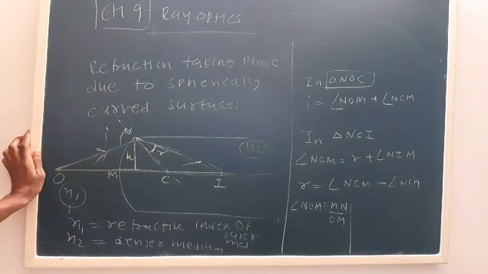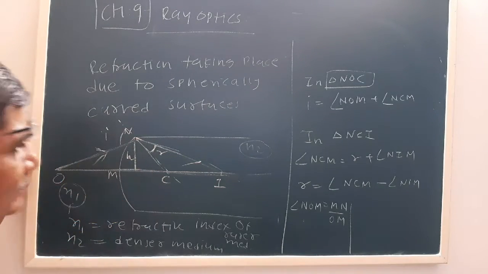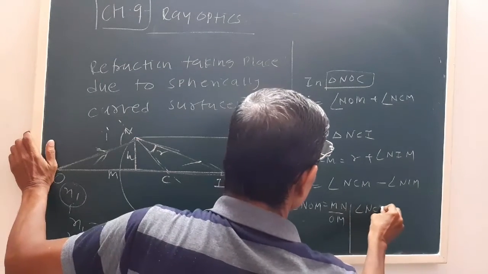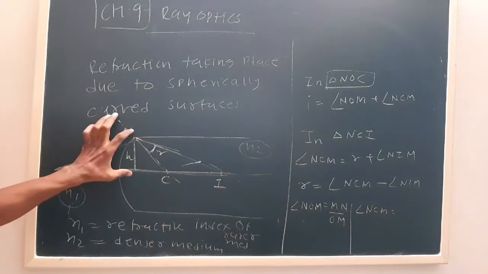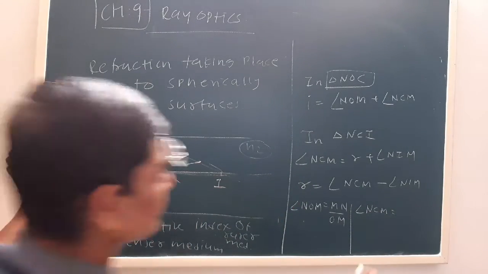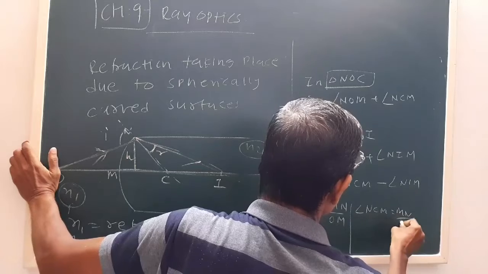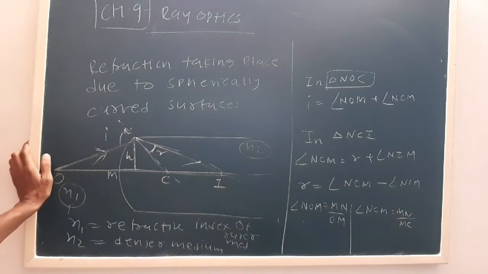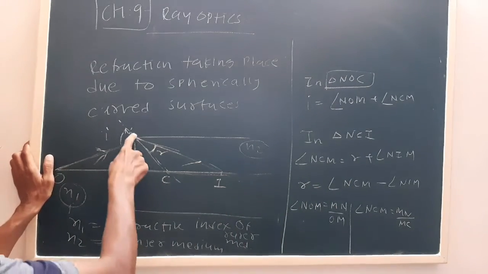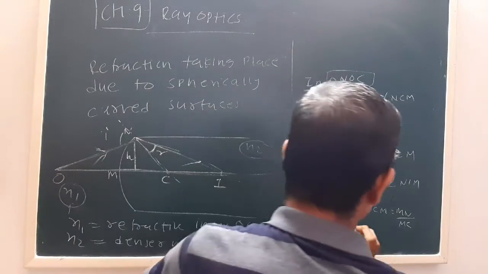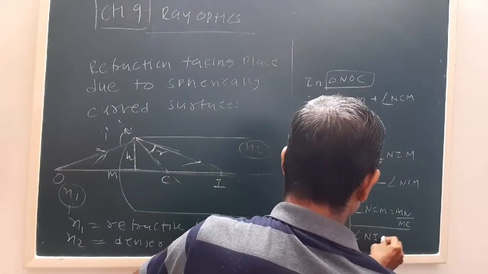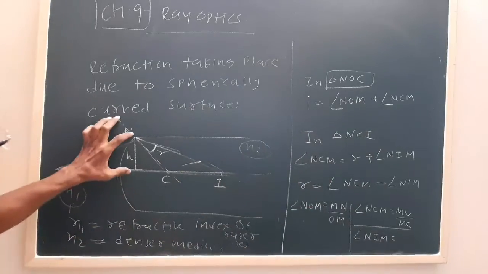Then angle NCM we can write as MN upon MC. And angle NIM is nothing but MN upon MI. Now these are very important.